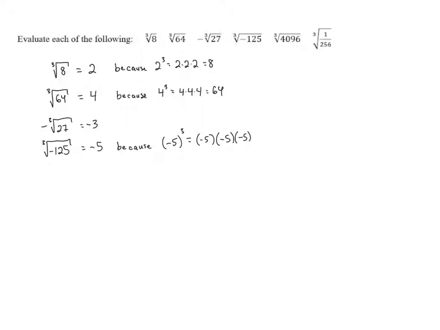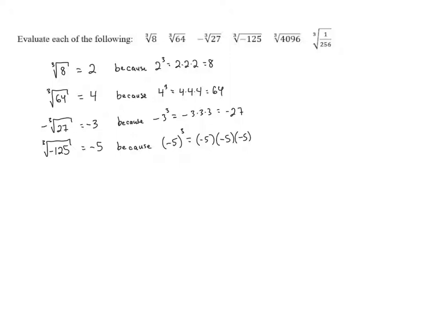And I'm also going to write in the reasoning for the last one, because if we take the opposite of 3 cubed, that negative sign stays at front, and we've got 3 times 3 times 3, and that gives us -27.